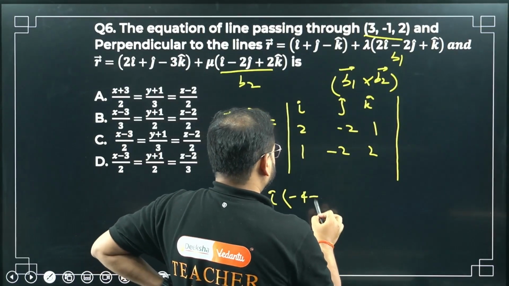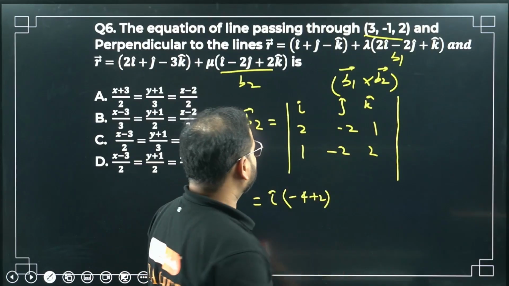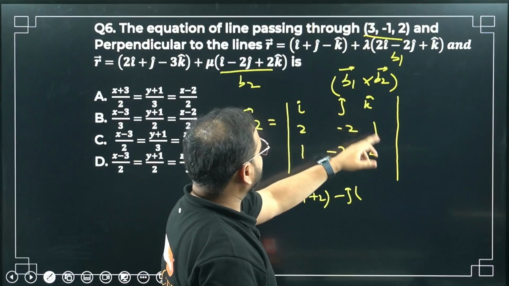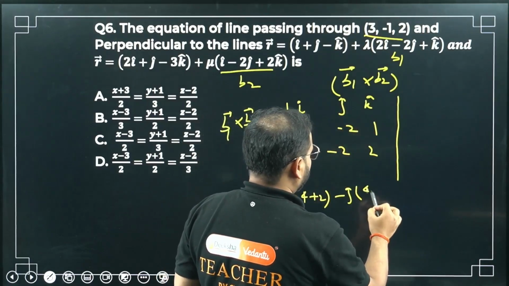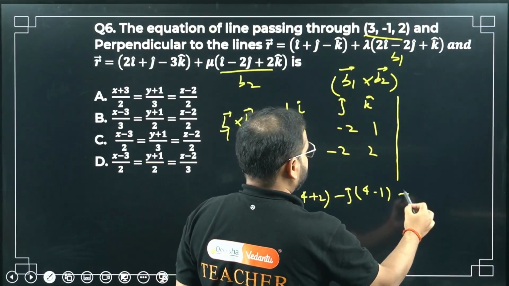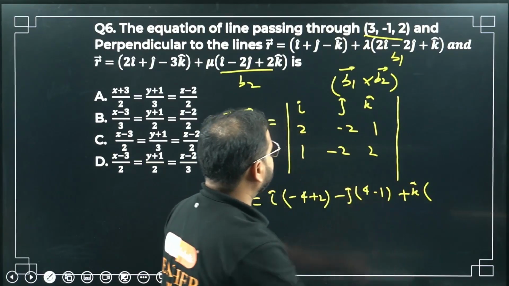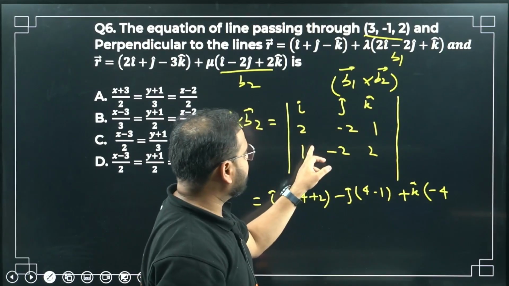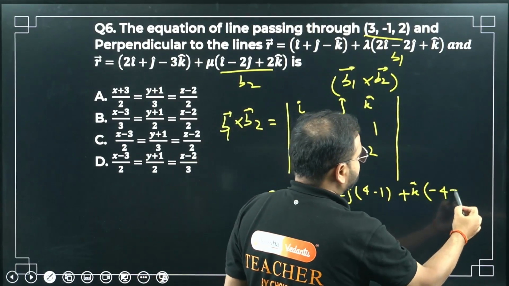Plus 2. Please check. Minus 4 and plus 2. For j cap, minus j cap I'll write. Okay, so this and this will be cancelled. 4 minus 1. 4 minus 1. Okay, the last one for k cap, please check. Plus k cap, I'll write it as minus 4 plus 2. 2 into minus 2 will be minus 4, and this will be minus 2, so will become plus 2.